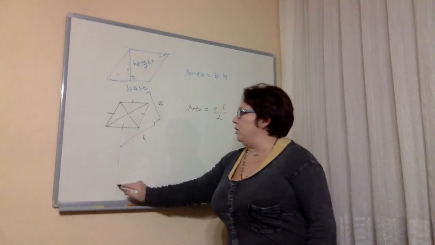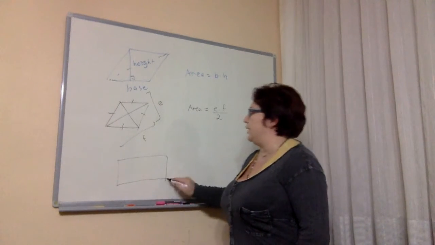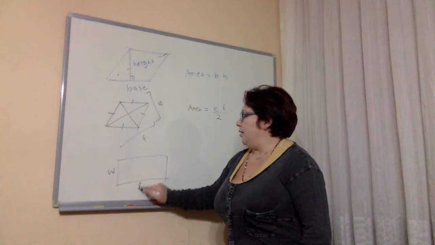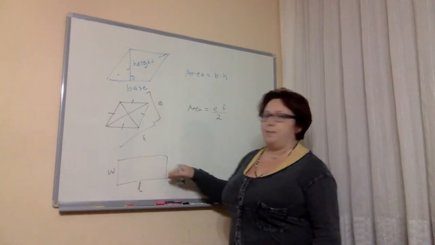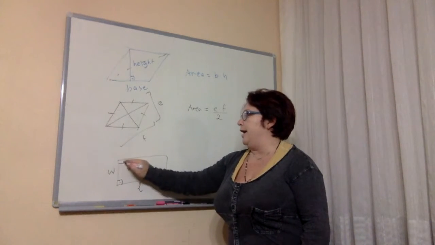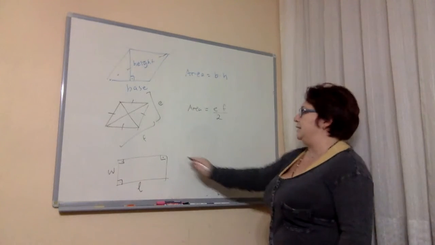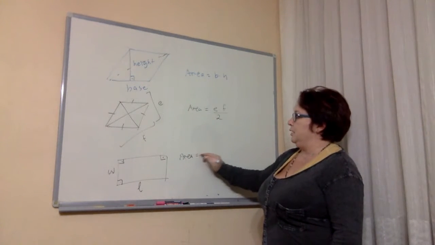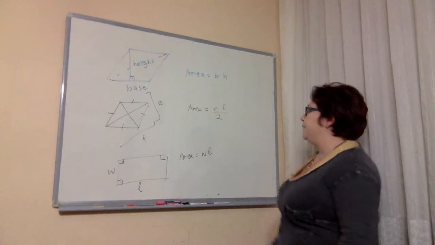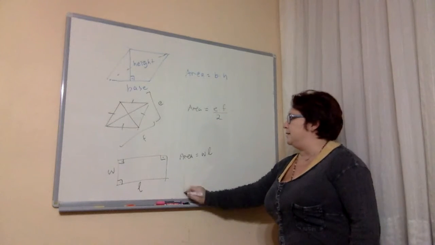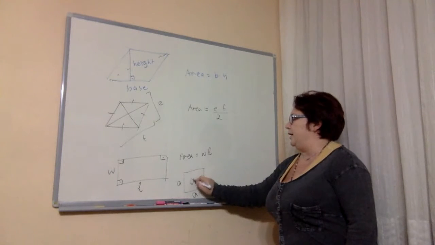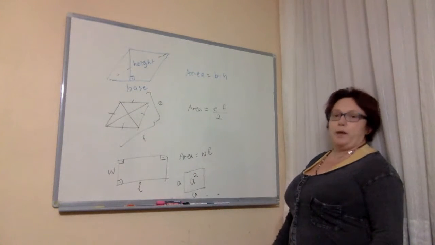For a rectangle, the height is the width, because your angles are 90 degrees, so you simply get the area formula length times width, which is in line with the parallelogram formula. And for a square, because a square is a special kind of rectangle, the area is a side length squared.